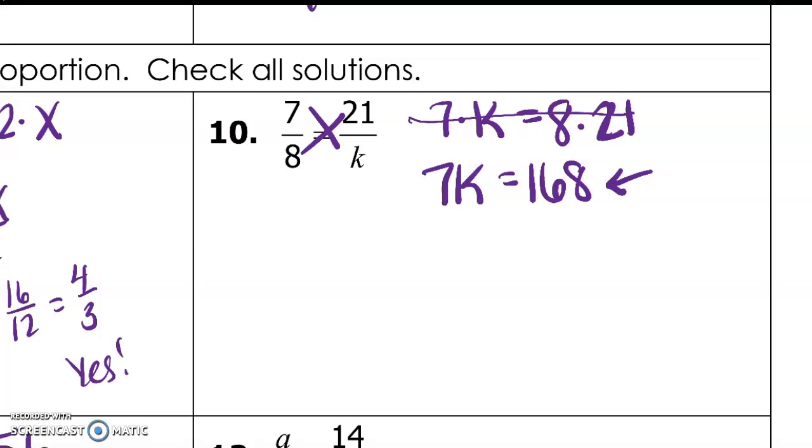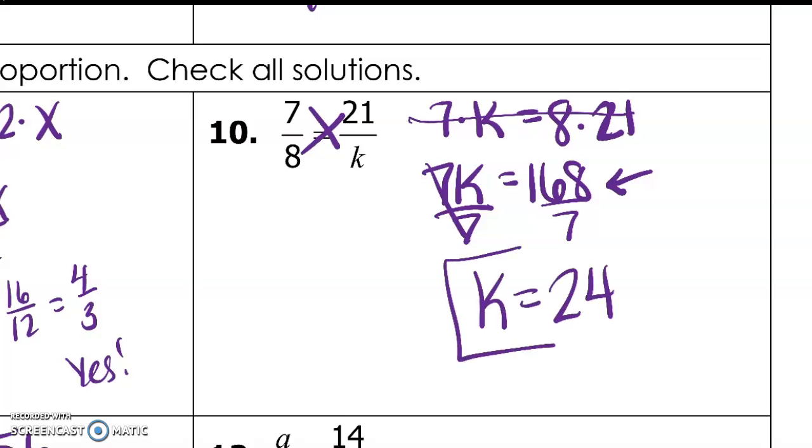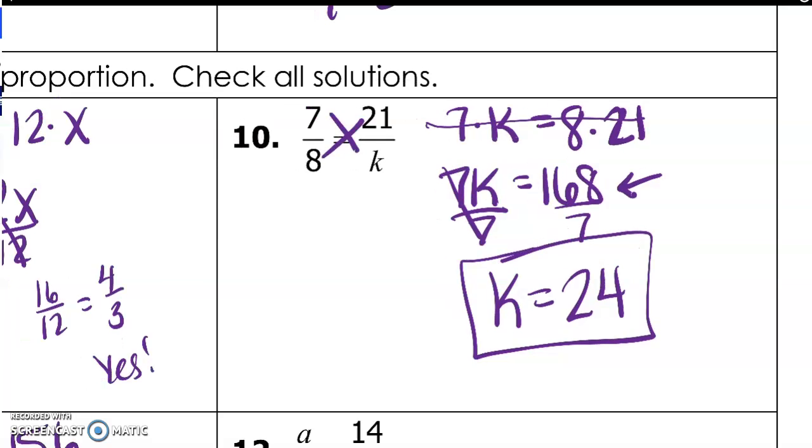All right, now we have to solve for K, so it's 7 times K. So to undo times 7, we need to divide by 7. Divide by 7, and we get K equals 24. If you want to check your answer, which is always a good idea, you would set up 7 over 8 equals 21 over 24. And again, you can do this two ways.